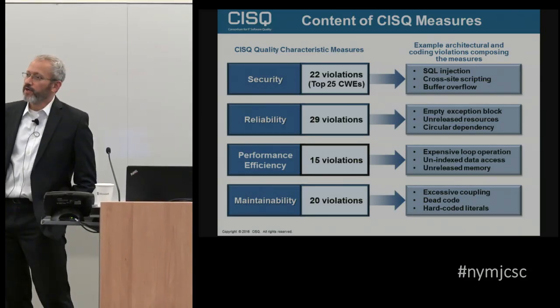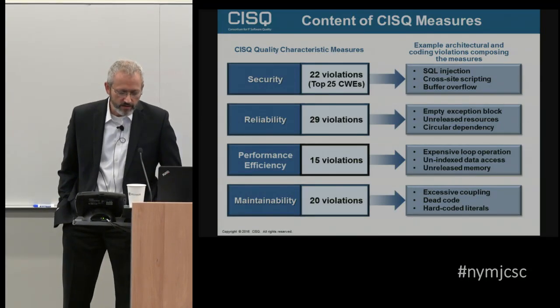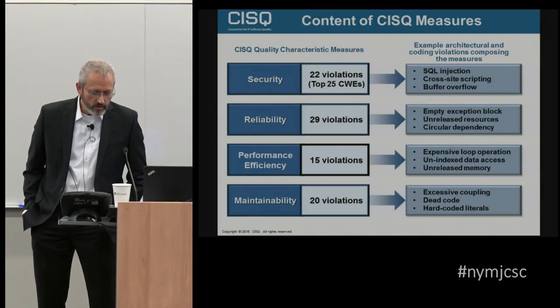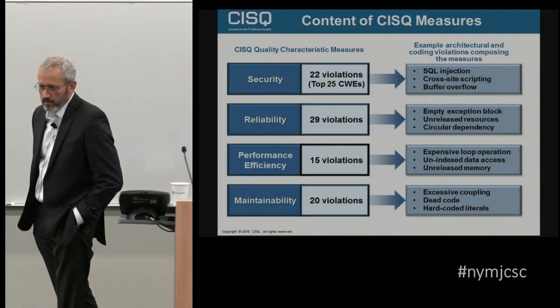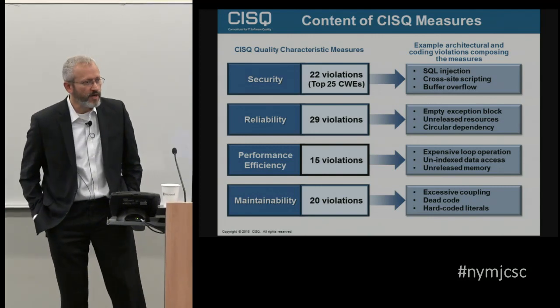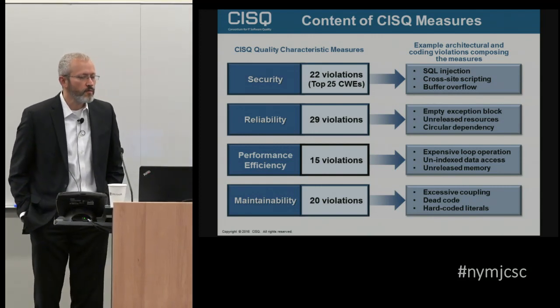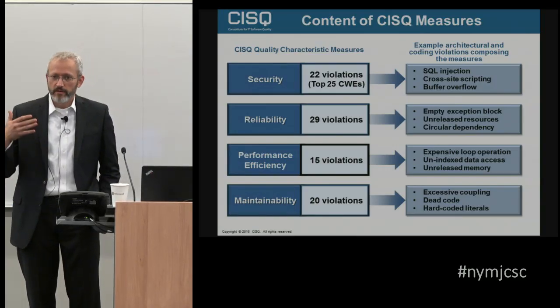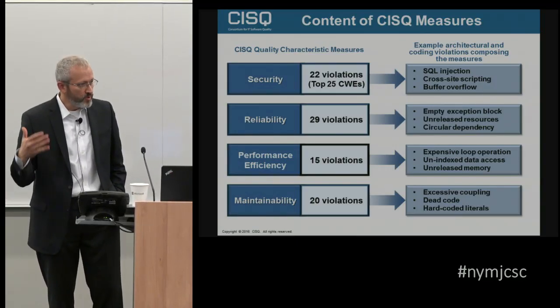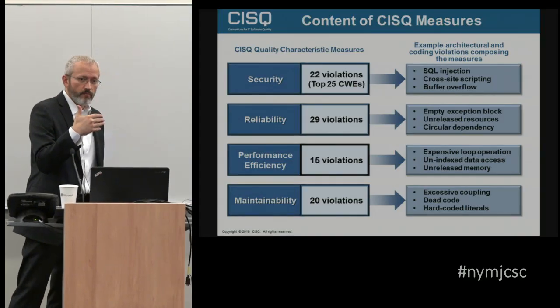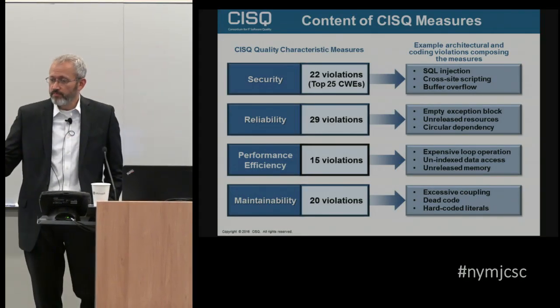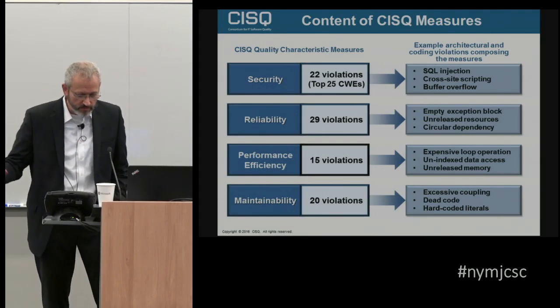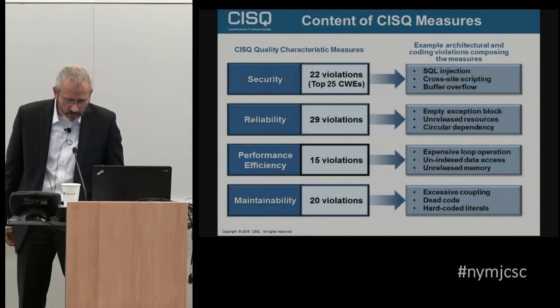So this is not functional quality. And so specifically the charter of CISQ has been to define these quality characteristics in a way that can actually be measured and computed and potentially put into a vendor contract. And this is something that I'll talk about in a little bit.